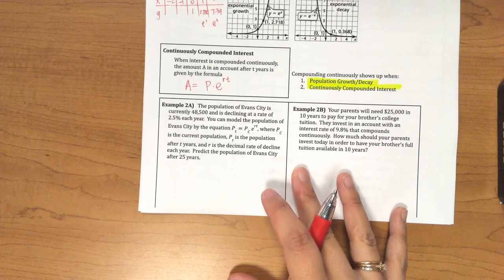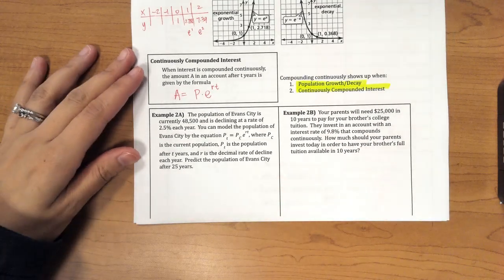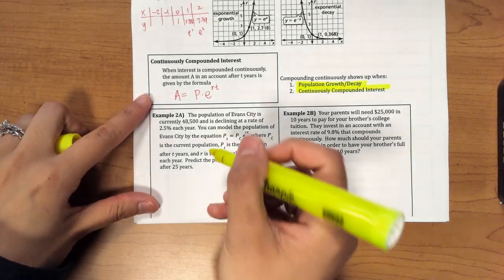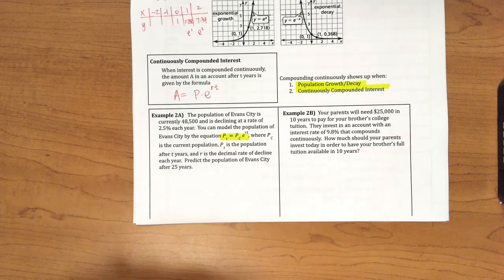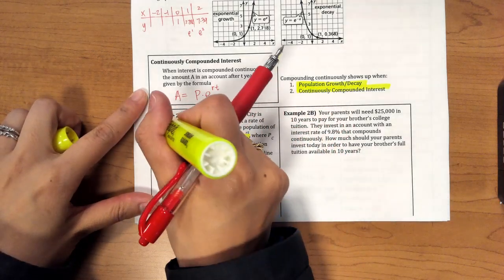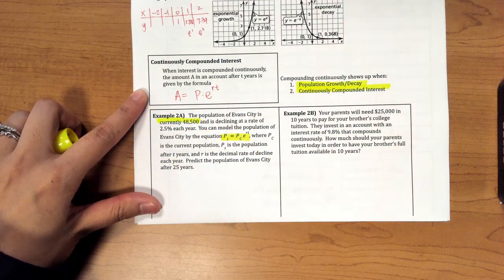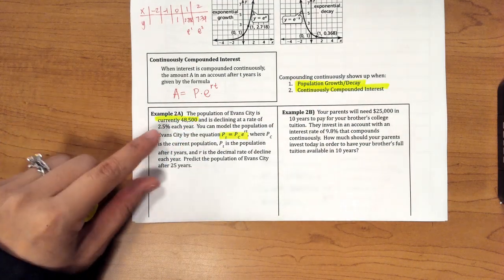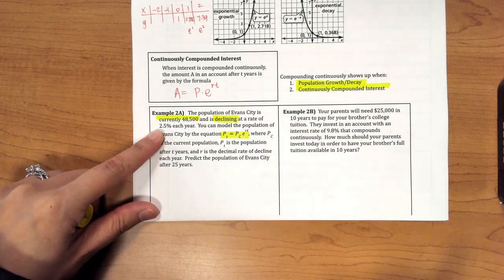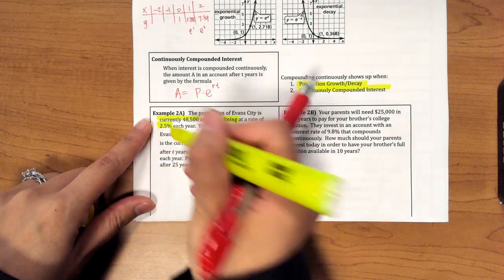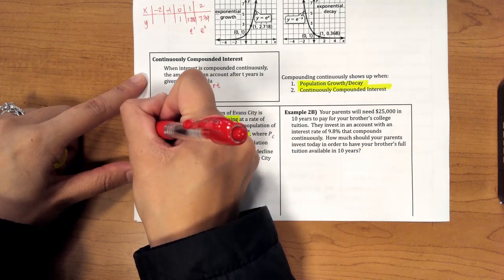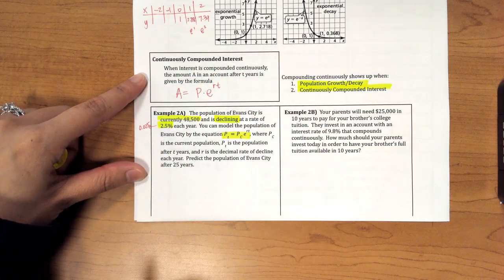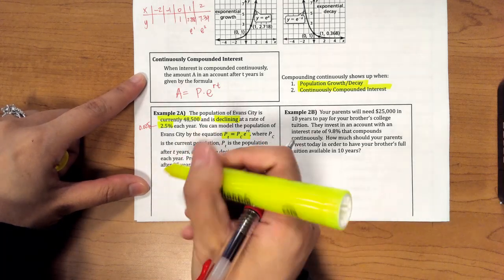So how do we use this in a formula? Same thing. I do want to talk about how I give you a formula, but I also give you all this extra stuff to confuse you. All you need is, it's currently 48,500, which is our initial. It declines, I always miss this, every year at 2.5%. Okay, that means this is my 0.025. And then after 25 years.